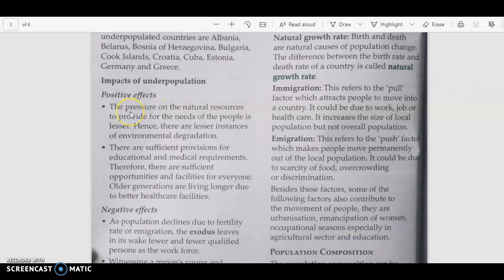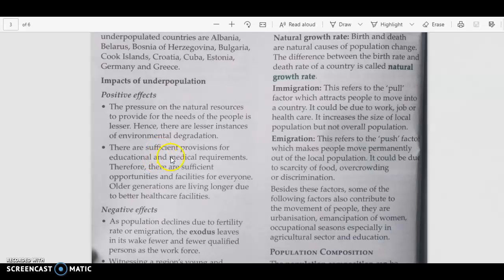The positive effects are that the pressure on the natural resources to provide for the needs of the people is lesser. Hence there are lesser instances of environment degradation. So when people are not using the resources, obviously there will be lesser environment degradation.